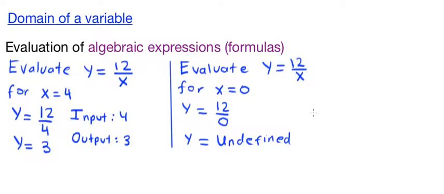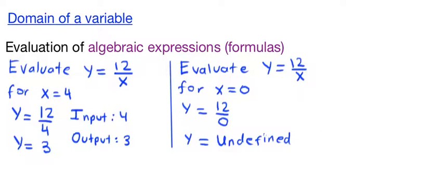This time we cannot say that we have successfully evaluated x equals 0 into this formula, right? Because we didn't get, as before, a real number as our output. We got instead this undefined result.